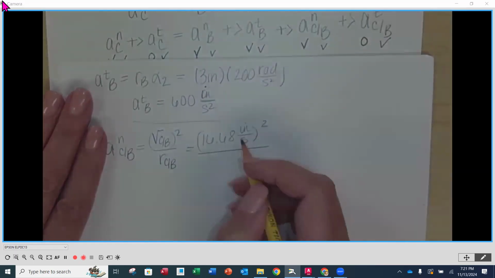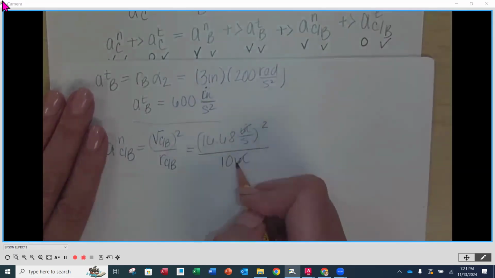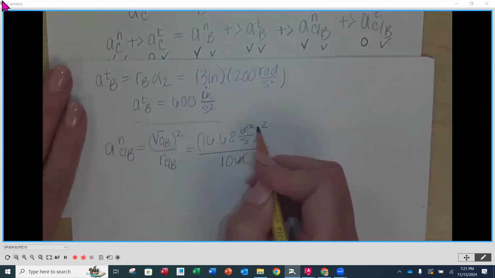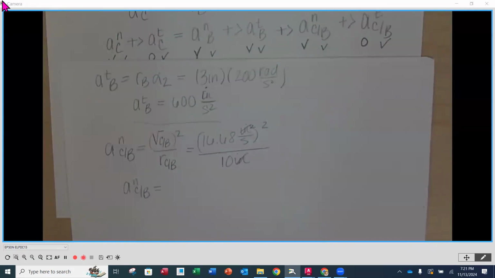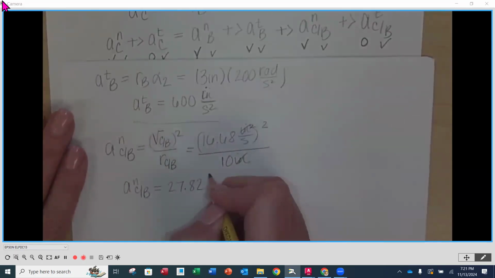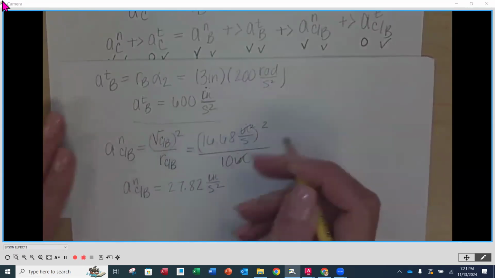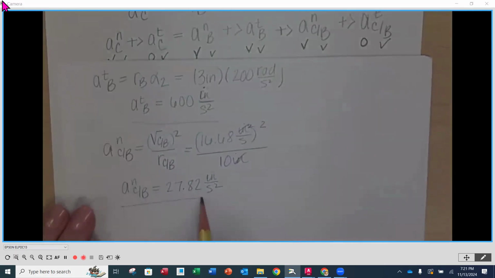Square that, divided by 10 inches, which is the length of link number 3. So I got 27.82 inches per second squared.